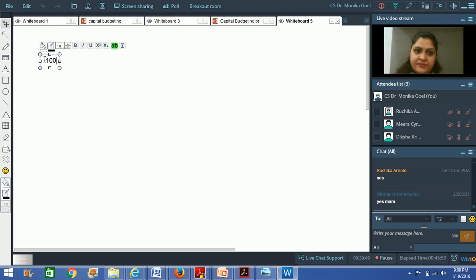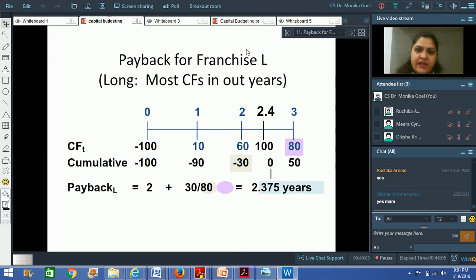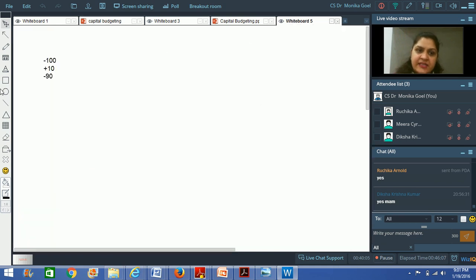What I do in the payback technique, I simply try to add up these cash flows. So in year 0 there is a minus 100, right? What am I getting in year 1? In year 1 I'm getting plus 10.